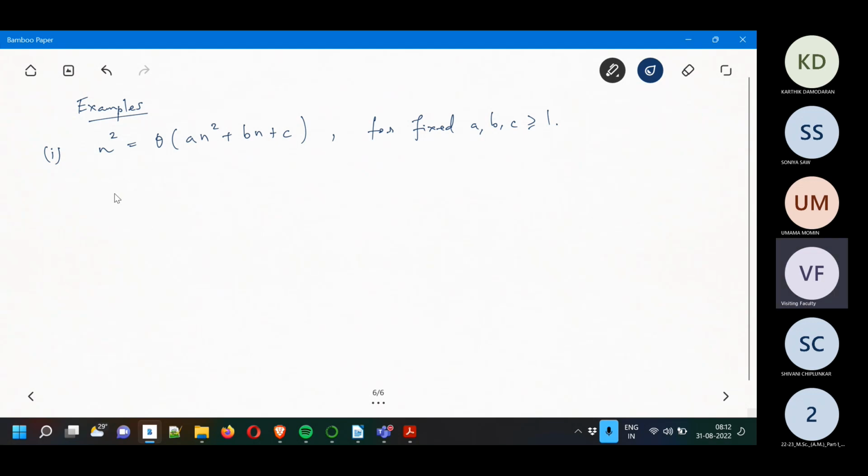So, first part. So we have an square plus bn plus c. So I have to bound it above: an square plus bn is less than or equal to an square plus bn square, and c times 1 is also less than or equal to cn square.